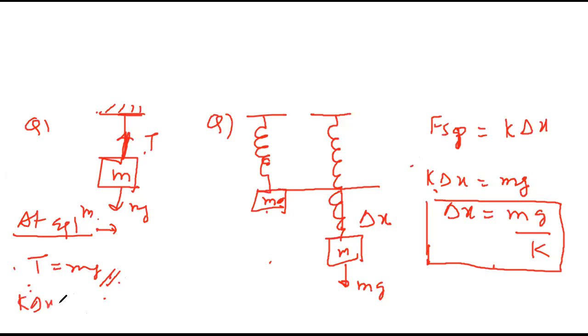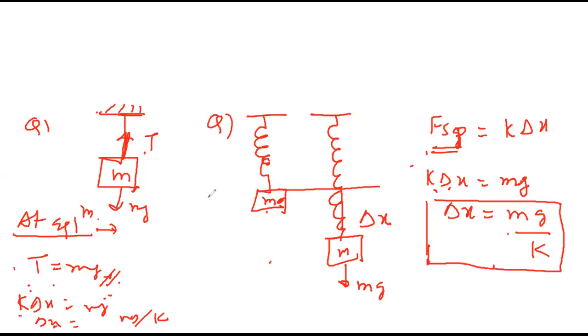You can write here also delta x will be mg by K if you treat that as tension. But tension won't be exactly equal here; the restoring force will be K delta x. So K delta x is mg. Spring force I equate with T. I can write T is mg, K delta x is mg, delta x is mg by K.